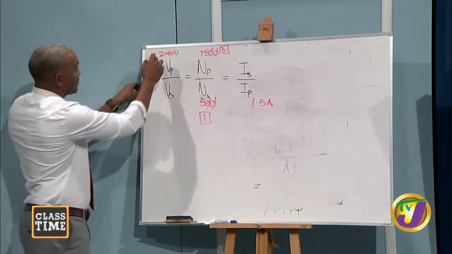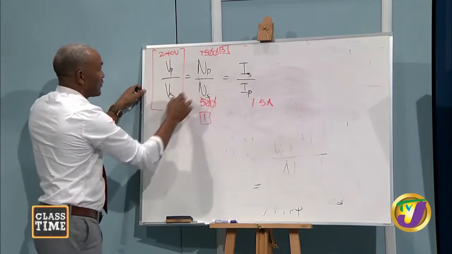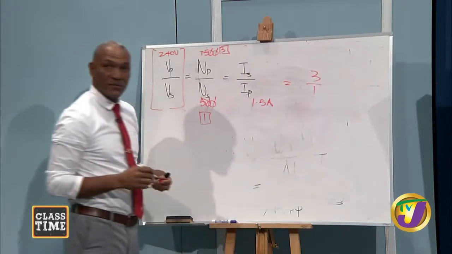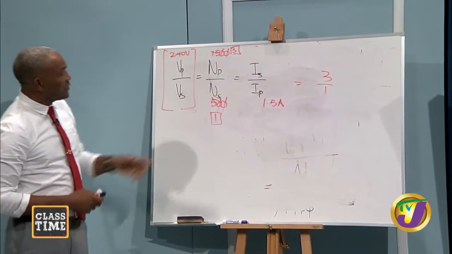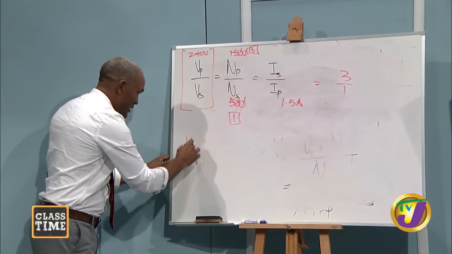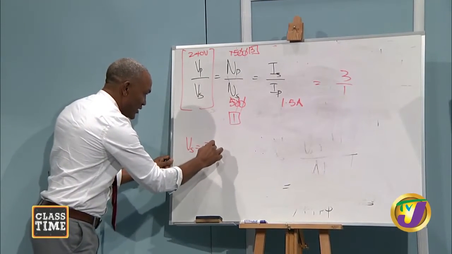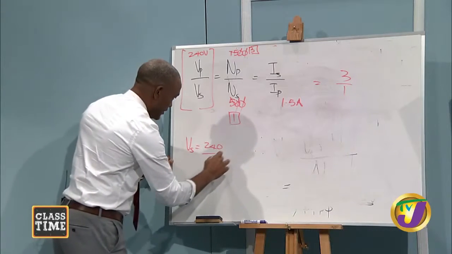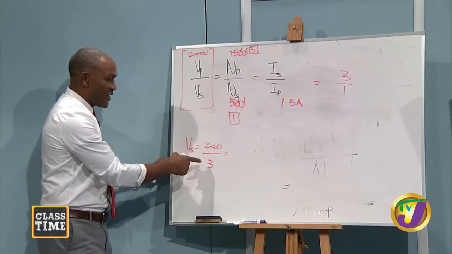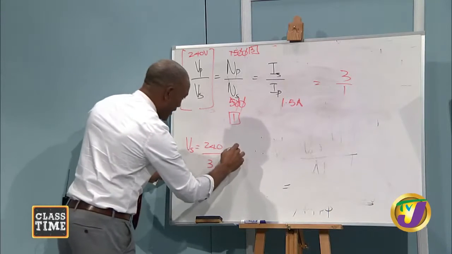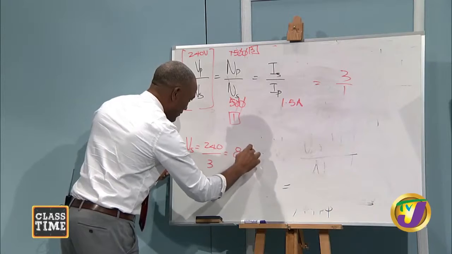I must get this fraction down to a fraction of 3 over 1. So for me to find Vs, I would simply say Vs is equal to 240 divided by 3. 240 divided by 3 gives me 80 volts.